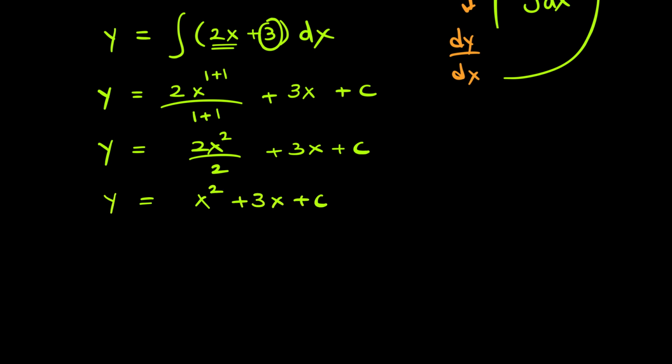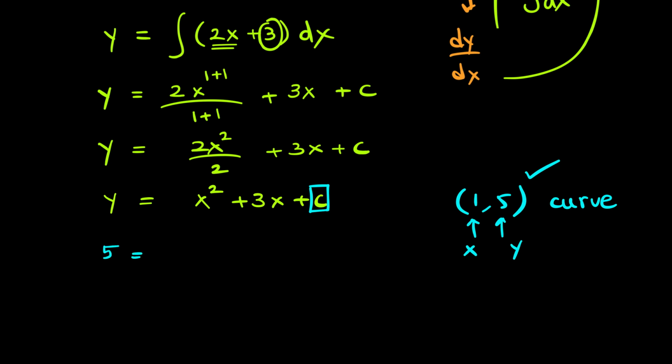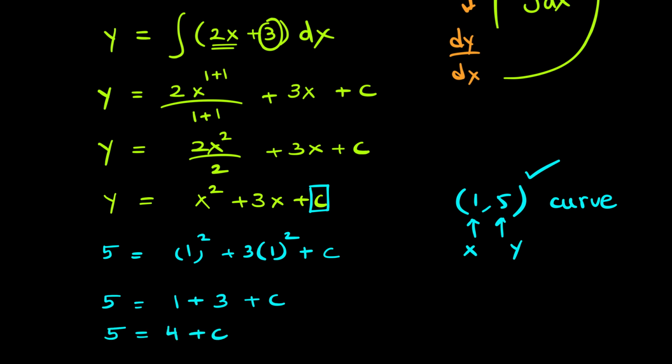Now we know that the point (1, 5) is on the curve. That means this is the x value, this is the corresponding y value. We will use this particular point to evaluate c. So y is 5, x is 1, 1 squared plus 3 times 1 plus c, c is unknown. 5 equals 1 plus 3 plus c. 5 equals 4 plus c, make c the subject, that comes out to be 1.